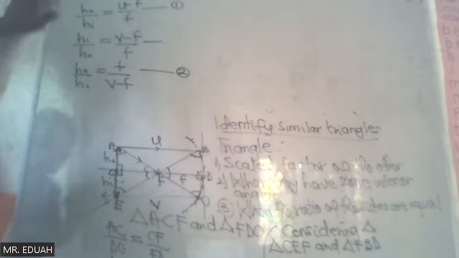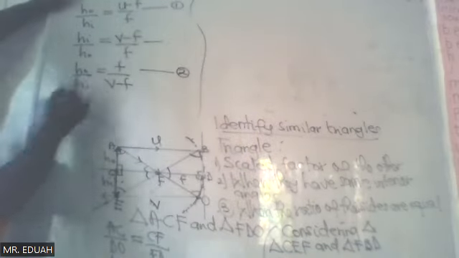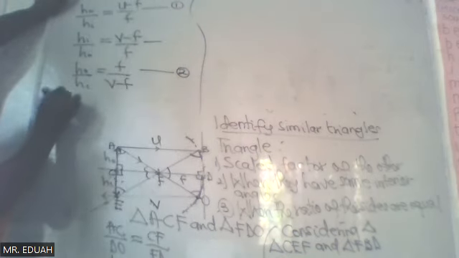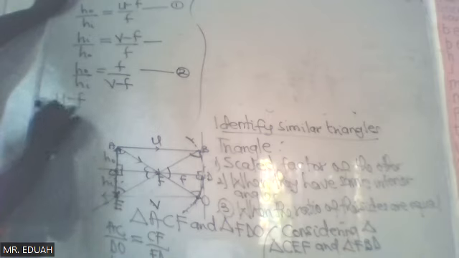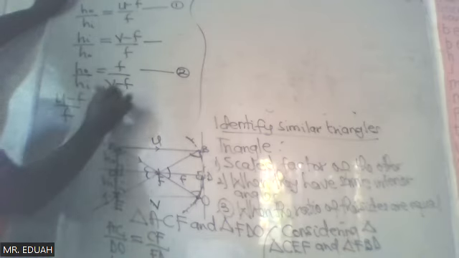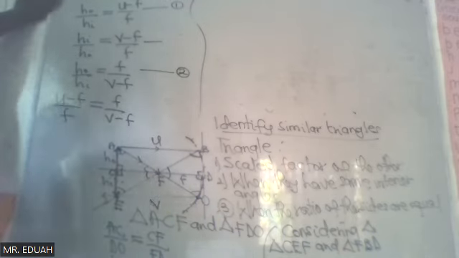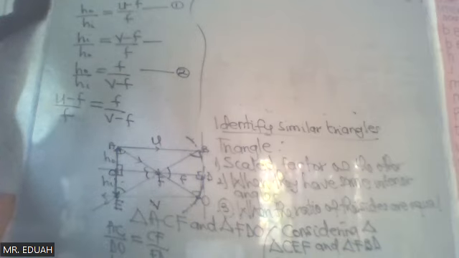I'm doing this so that I can equate equation 1 and equation 2. So I have U minus F over F is equal to F over V minus F. I have equated equation 1 and equation 2.